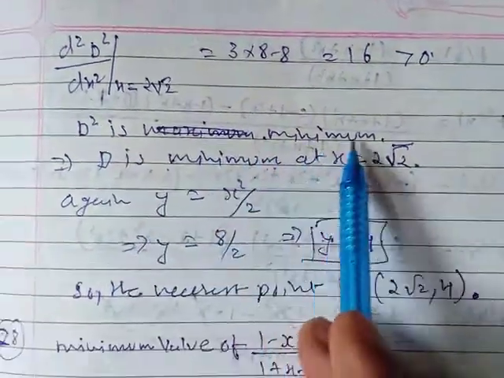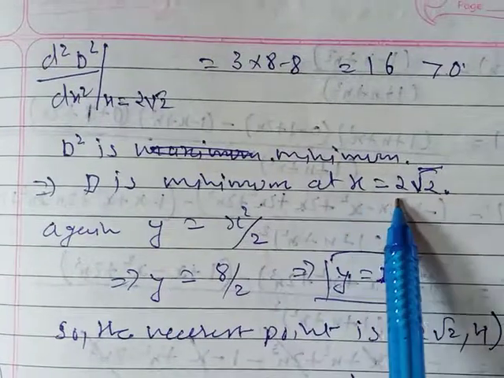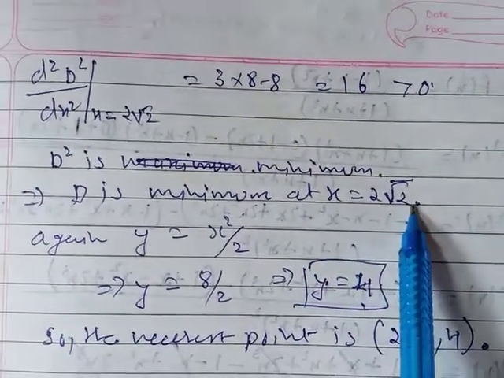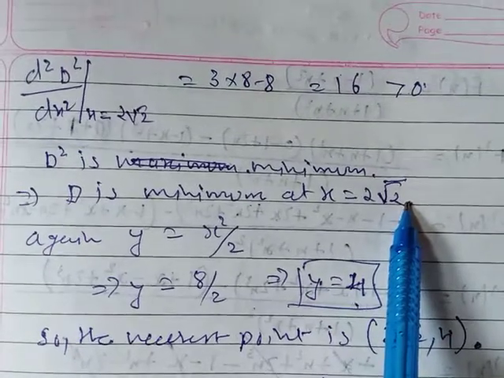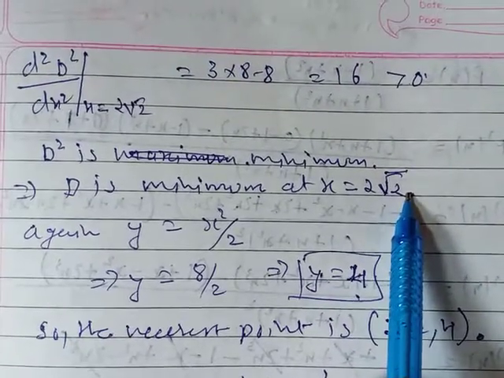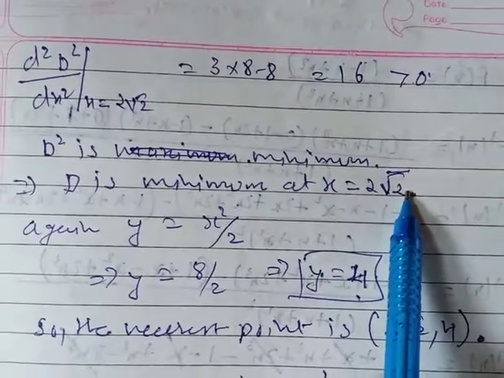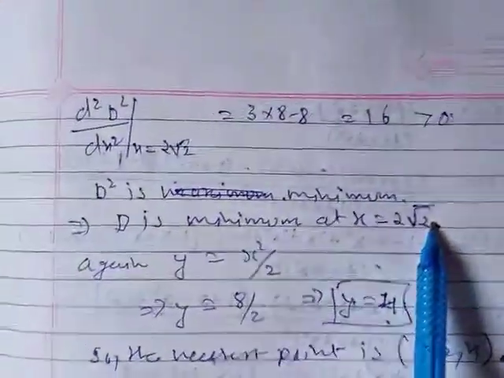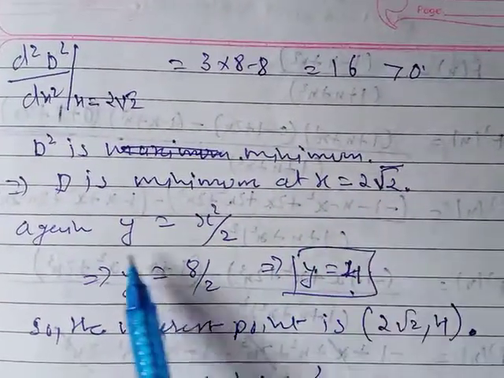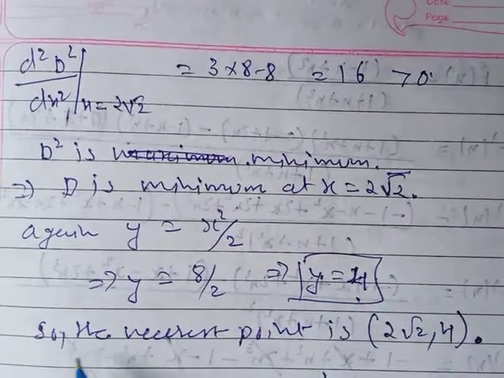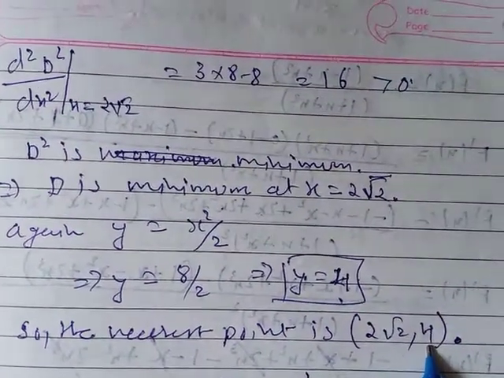So d square is a minimum value, so d is a minimum value at x is equal to 2 root 2. Nearest point means minimum distance from the given point (0, 5). Now we got x is equal to 2 root 2, so y also we can find, y is equal to 4. So the nearest point is (2 root 2, 4).